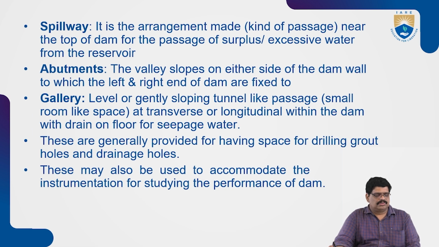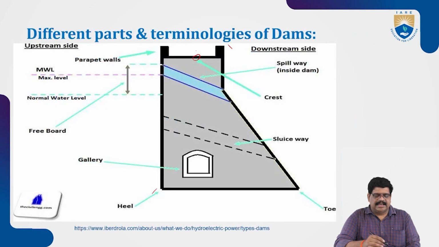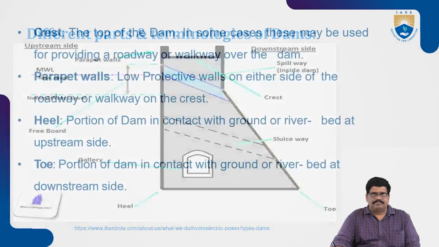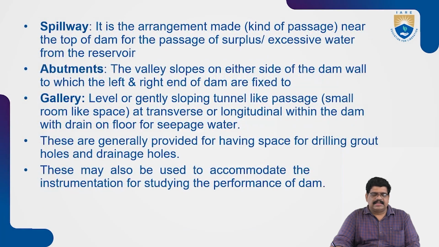Next, galleries. This is the gallery. The gallery is also one of the major parts constructed in the dam. What is the purpose of the gallery? The gallery is provided to have space for drilling holes for drainage, and the drainage holes may also accommodate instrumentation for studying the performance of the dam.